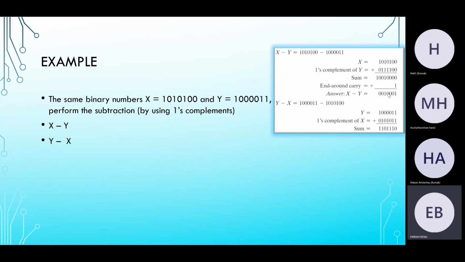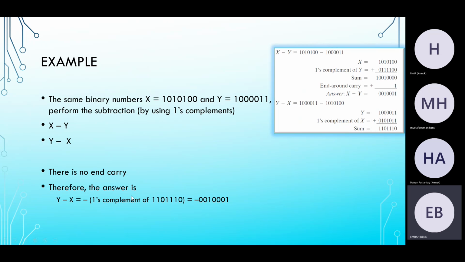And this number is positive. So for y minus x, as you can see here, we use y, and for x, we switch the numbers 0 to 1, 1 to 0, and we put it here. After the addition, we have this number without any end carry. There is no end carry here, and that means our number is negative.